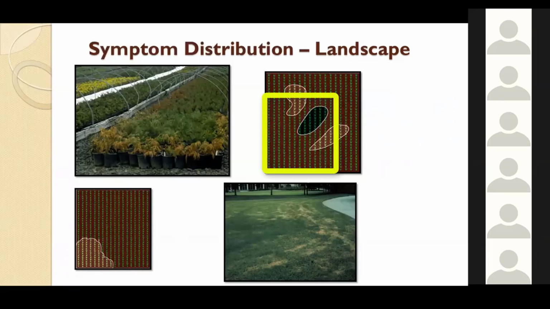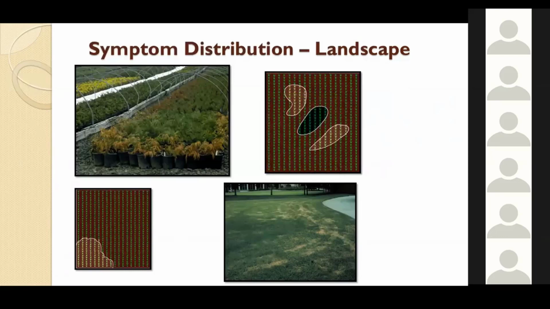Compare that to something like we have up here, where you're starting to see some random areas that are injured throughout the landscape. Over time, these areas are starting to progress, but they're not progressing very uniformly. They're not a perfect circle. They're not just going in one direction, slowly moving out. That's pretty much what we tend to expect for your typical fungal disease, and nematode issues can be very similar to this as well.